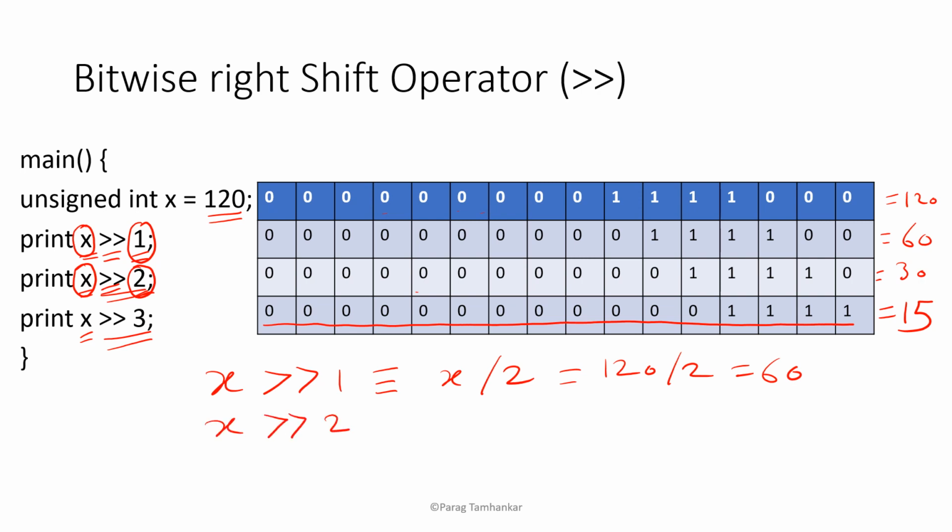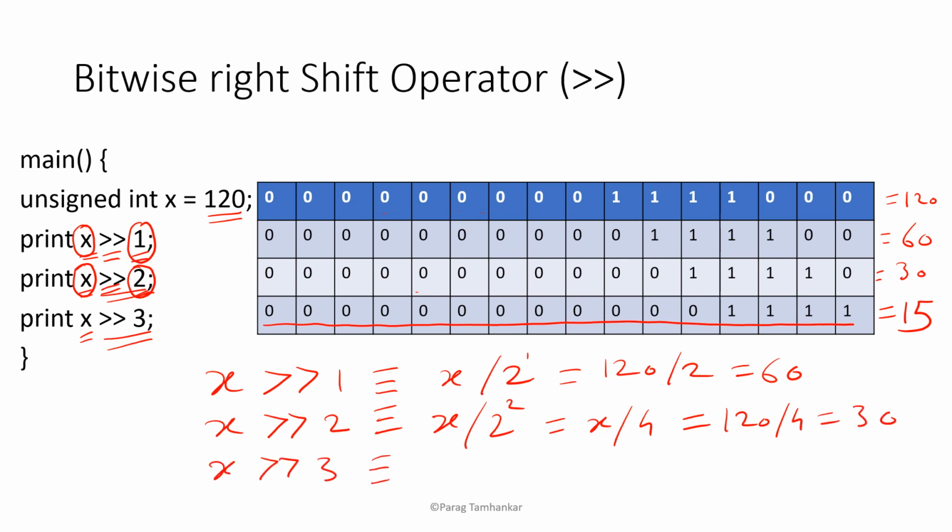Right shift by 2 positions is equivalent to x divided by 2 raised to 2, that is x divided by 4, integer division, which is 120 divided by 4, which is 30. And x right shift by 3 positions is equivalent to x divided by 2 raised to 3, which is x divided by 8. Our x is 120, and 120 divided by 8 is 15.